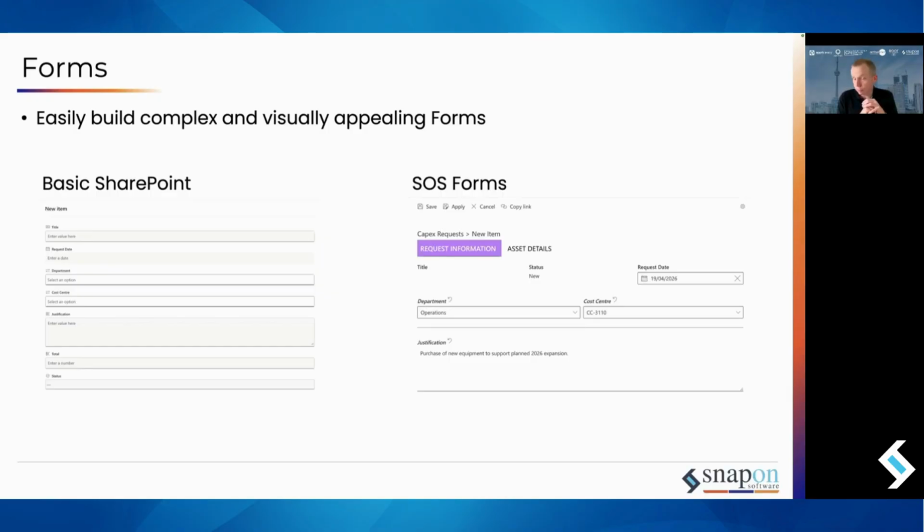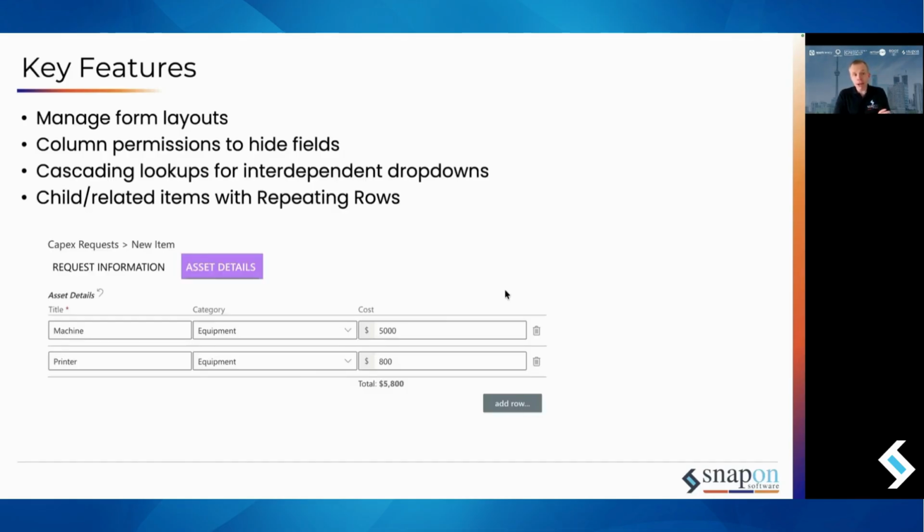So they're multi-tab forms with complex layout capabilities, additional functionality like interdependent lookups, validations, as well as the ability to support multiple repeating items. So we can manage form layouts, we can manage column permissions, we can manage those interdependent lookups, we call them cascading lookups. We can manage child and related items with repeating those.